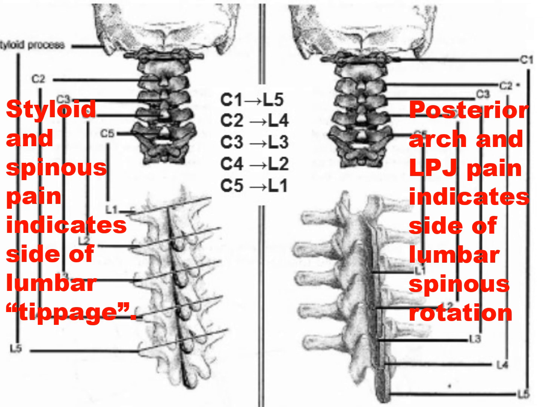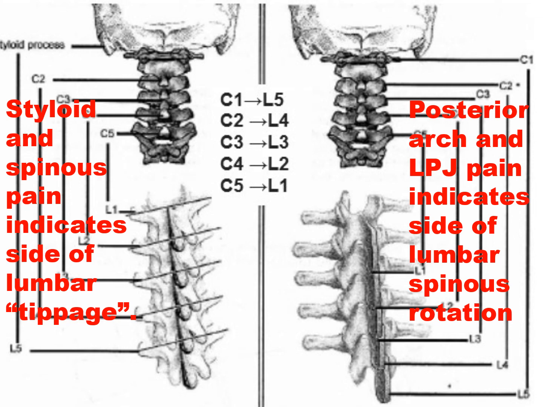But atlas does have a posterior aspect of the transverse process, which for your palpation purposes, you should realize is really sort of the posterior arch. So if you palpate the posterior arch of atlas on this patient, it'll be painful on the right because the patient has spinous right L5.